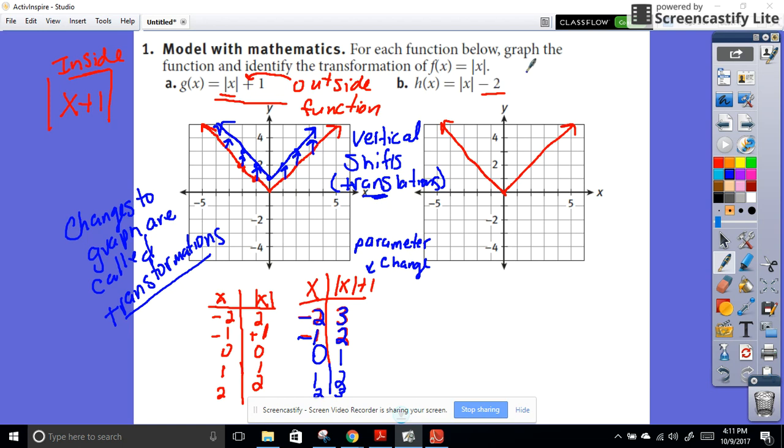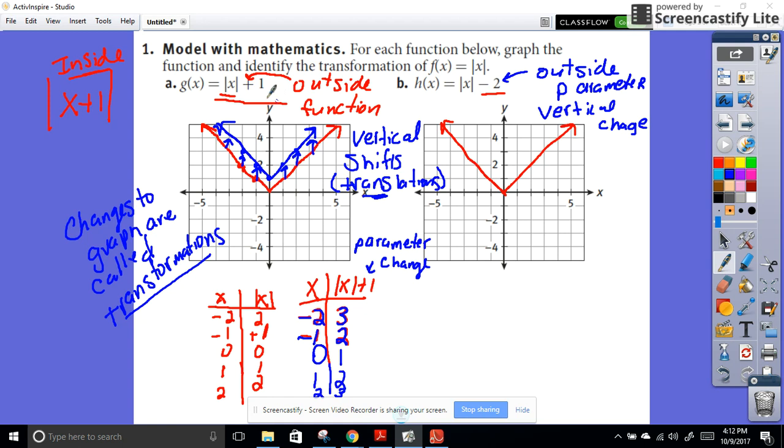Now notice, this is an outside change. It's an outside parameter. So an outside parameter causes a vertical change. And because it's added or subtracted, and in this case it's being subtracted, it's going to shift it.